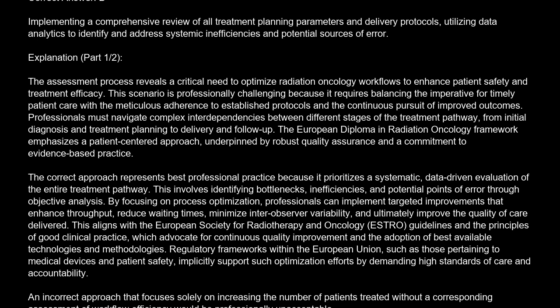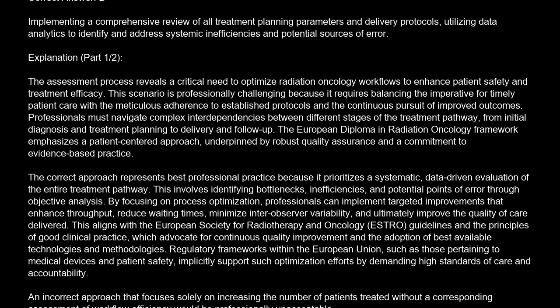The European Diploma in Radiation Oncology framework emphasizes a patient-centered approach, underpinned by robust quality assurance and a commitment to evidence-based practice. The correct approach represents best professional practice because it prioritizes a systematic, data-driven evaluation of the entire treatment pathway. This involves identifying bottlenecks, inefficiencies, and potential points of error through objective analysis.